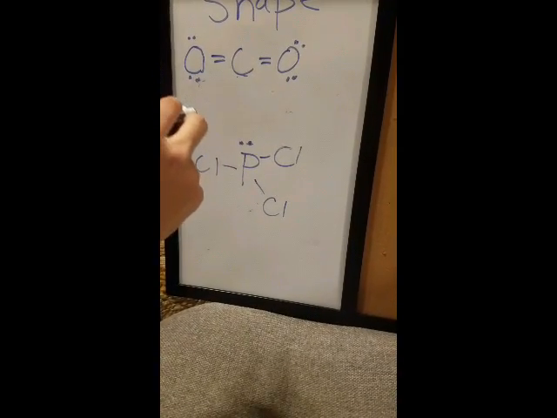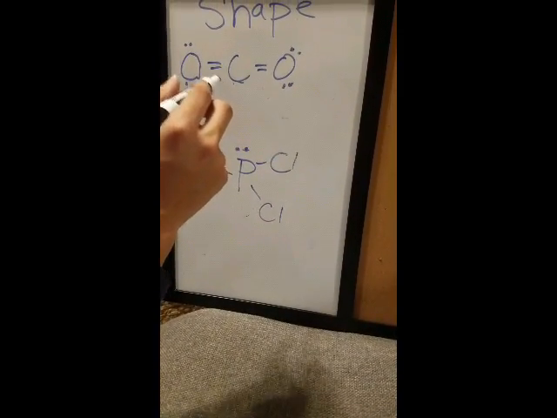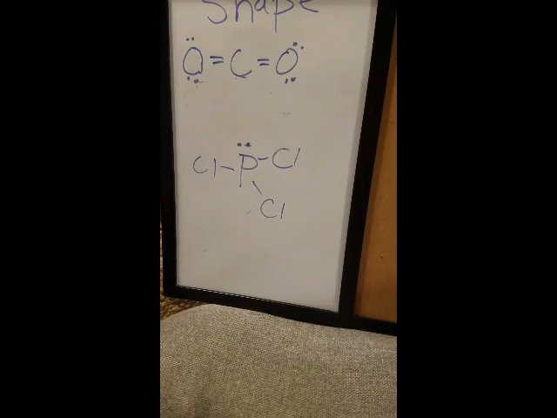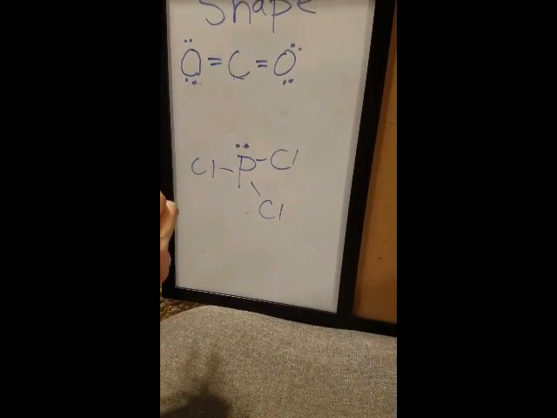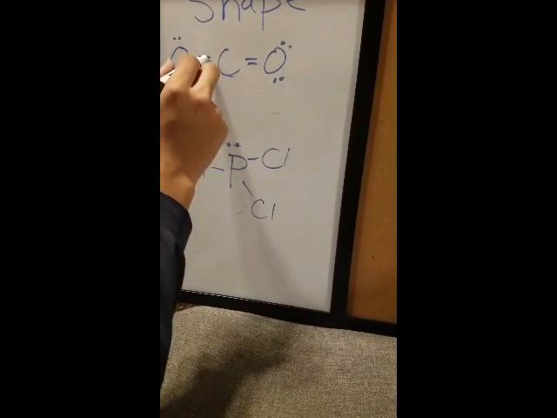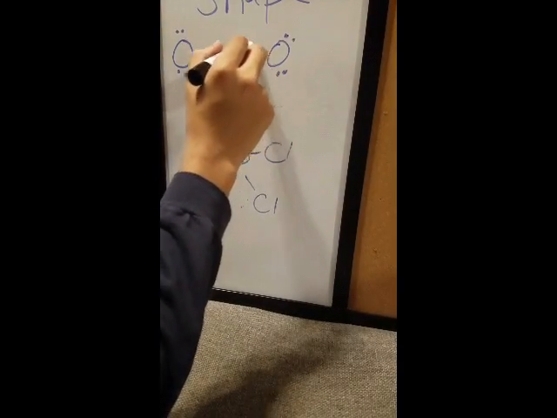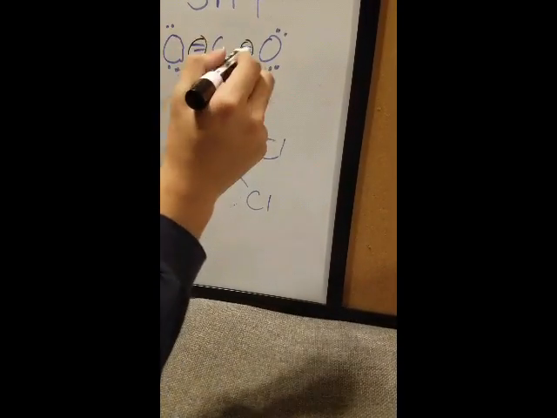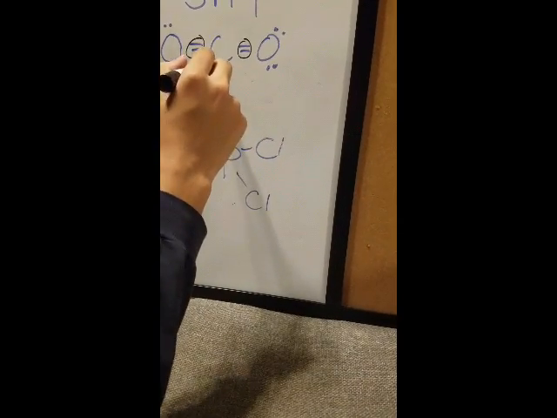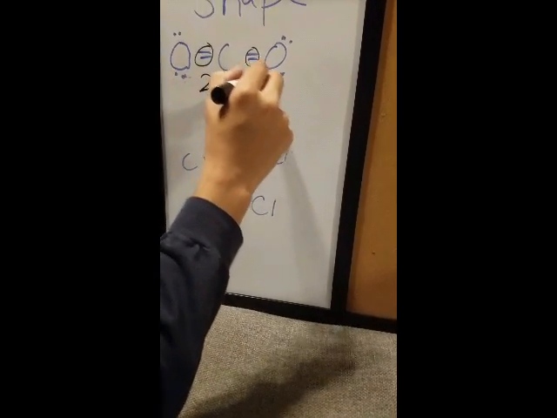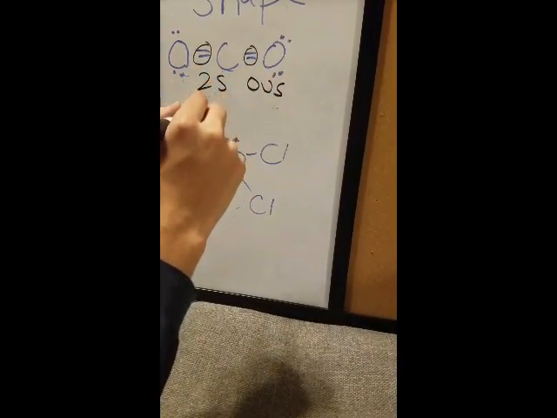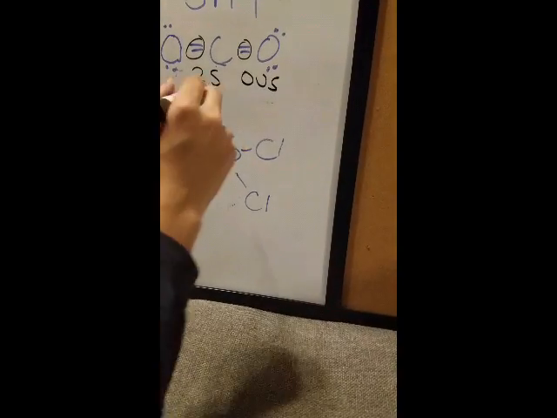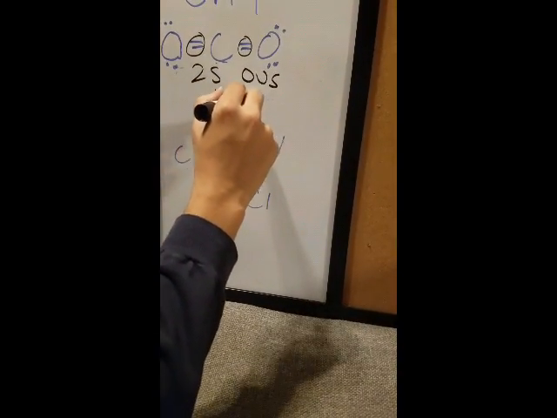We first look at the central atom and we see how many shared pairs there are and how many unshared pairs there are. For carbon dioxide, there are two shared pairs. The double bond is 1 and this double bond is 1. And there are no unshared pairs. So 2 shared and 0 unshared. So by looking at the chart, we find that this is linear.